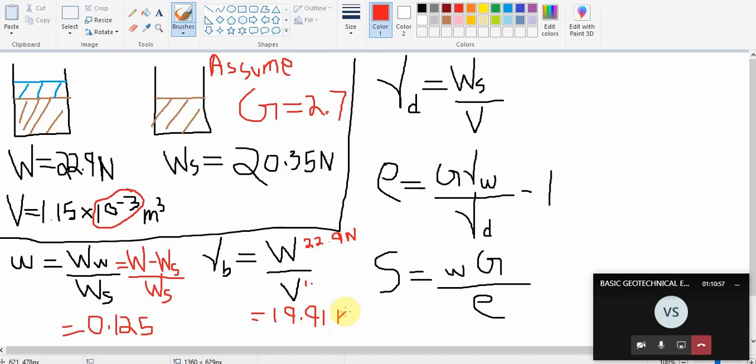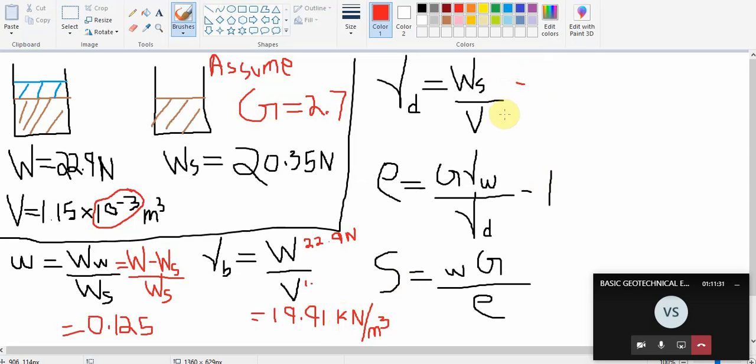Weight is in Newton, but it is 19.91 into 10 raised to 3, so I will write it as 19.91 kilonewton per meter cube. Understood?